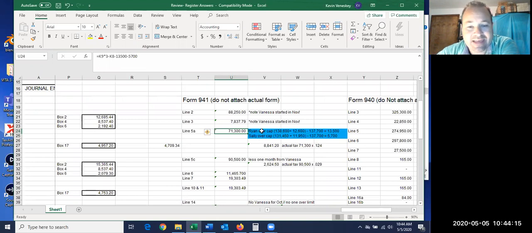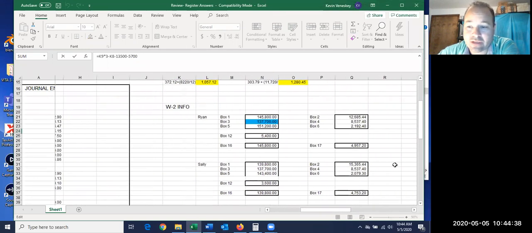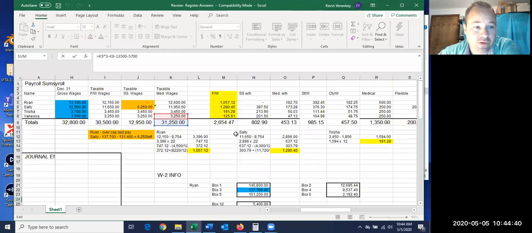Sally, I did the exact same thing I did for Ryan. I decided, okay, let's do her total FICA with Medicare in total, see how much she's actually over the cap. She's over the cap by 5,700. So what I did then is I had to do a couple different things. The first thing is I went over to K3, K9, and said full wages, no cap, this is how much they earned, 31,250, and then multiply it by 3.